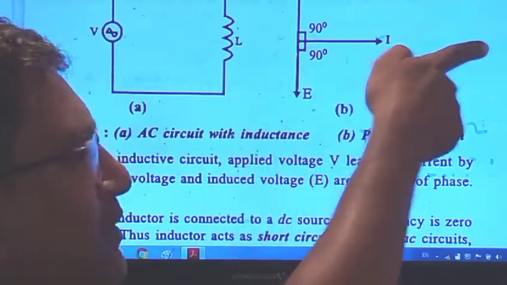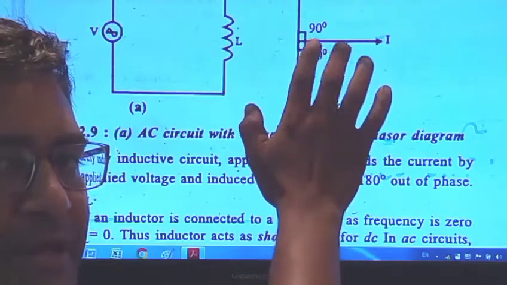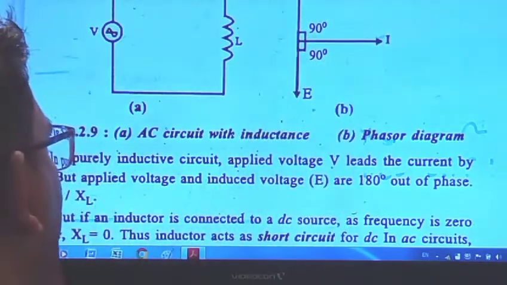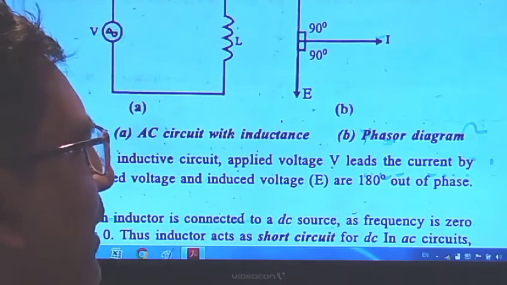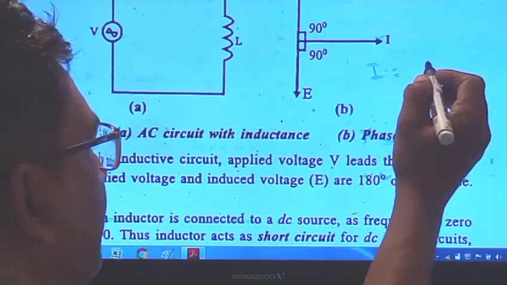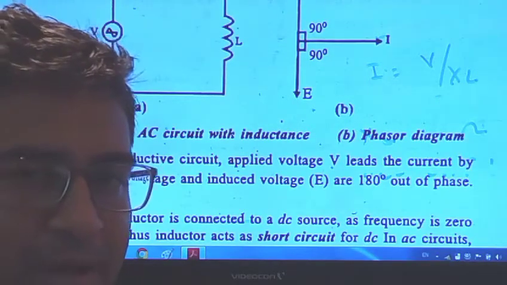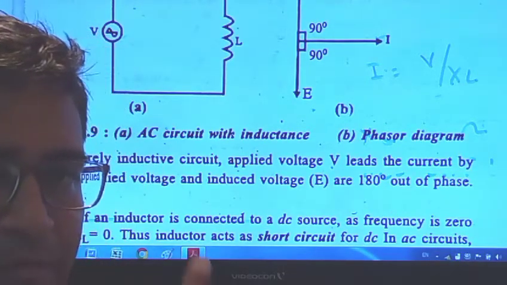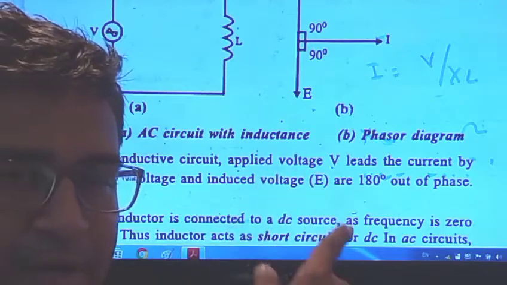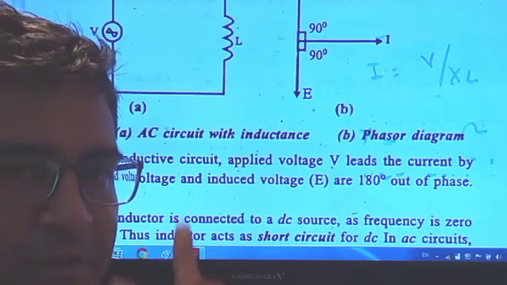So the current has this direction and the voltage has the opposite direction, with a 90 degree phase difference. Here I is equal to V by XL. It is the flow of the current in the circuit when the inductor has been attached to a voltage source.